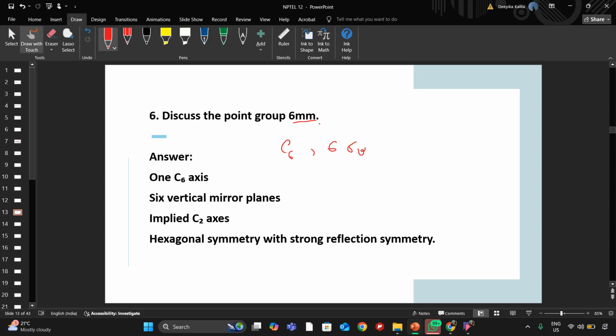So these operations which are contained in the 6mm point group, these are characteristic for a hexagonal symmetry.